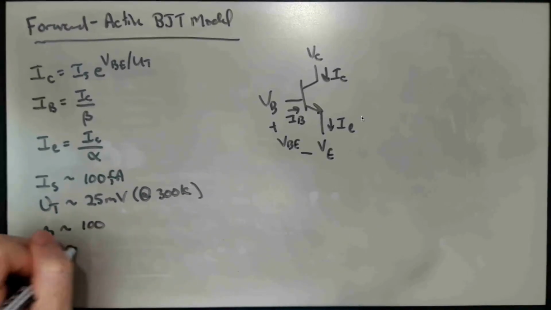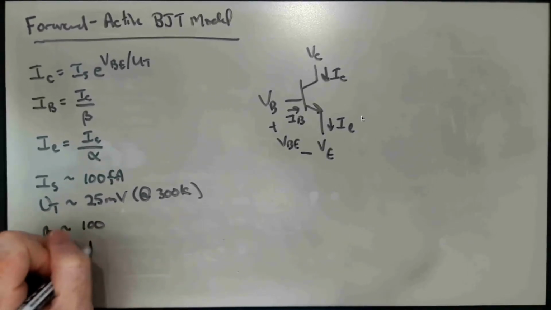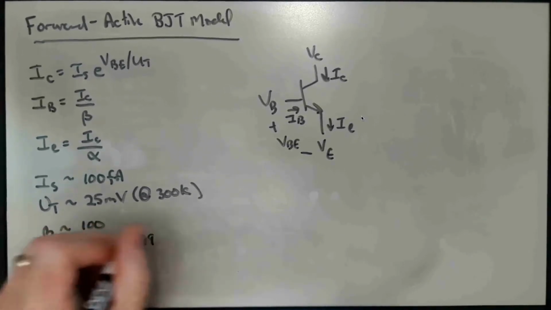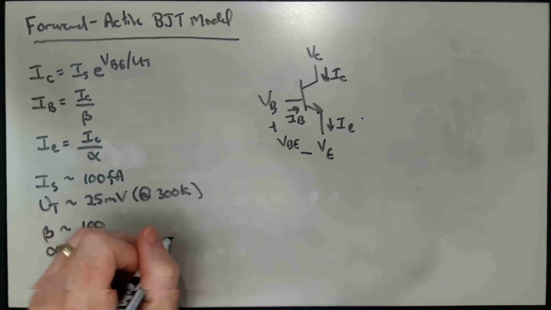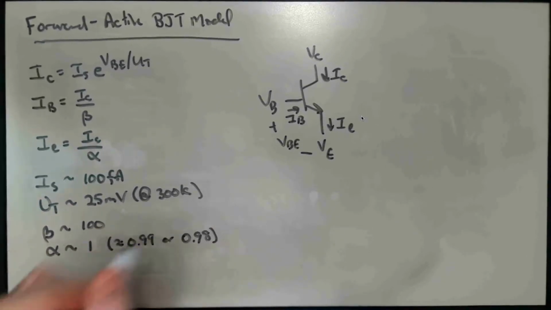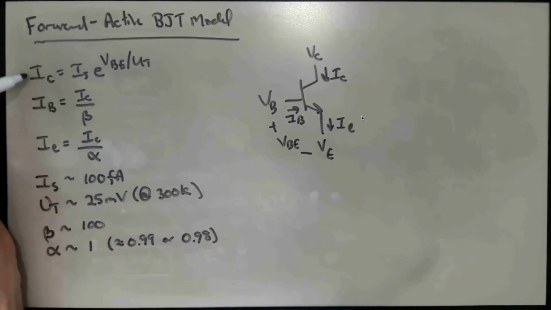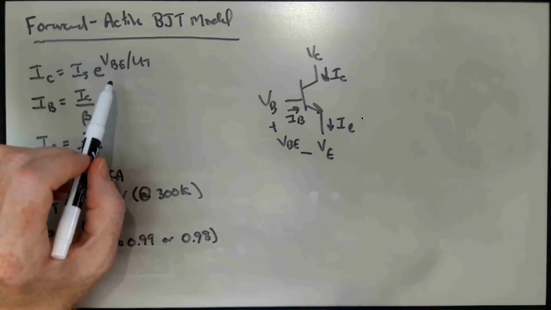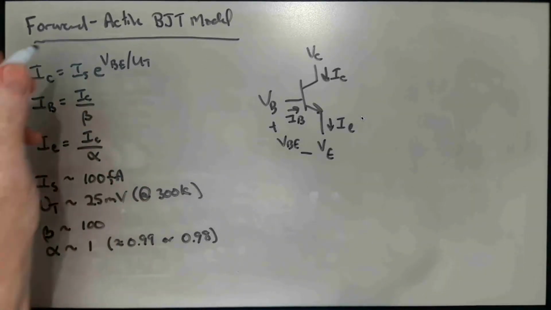Alpha is typically on the order of 1, maybe more like 0.99 or 0.98. And you'll notice that IC does not depend in this sort of zeroth order model on VC. It only depends on VB and VE.